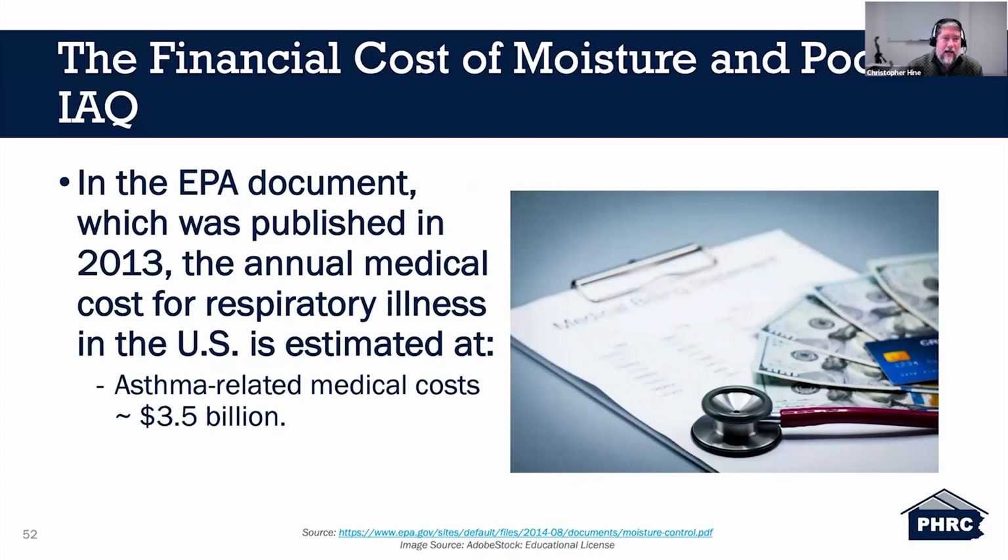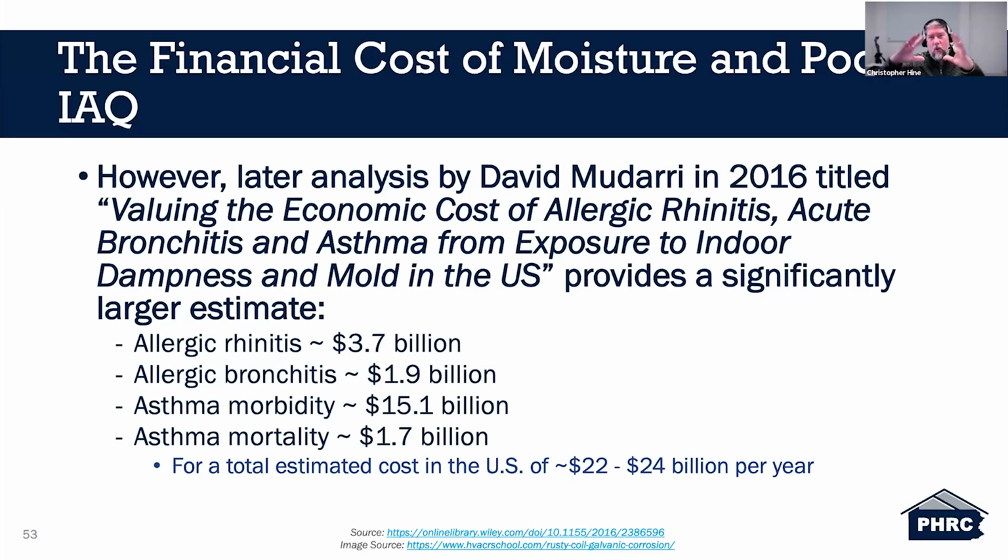So that jumps from this document here at 3.5 for just simply asthma to looking holistically at the medical expenses due to poor indoor air quality. Poor indoor air quality at 22 to 24 billion dollars per year, which is, I can't even comprehend that kind of money. It's astronomical.